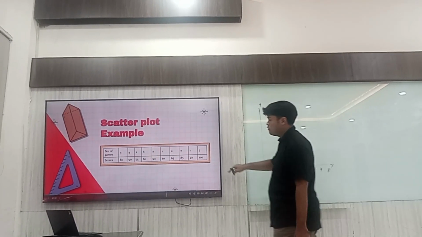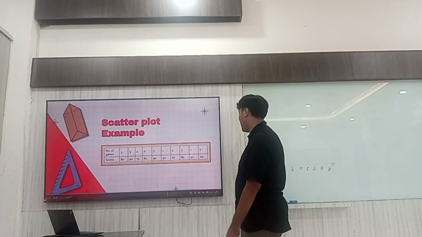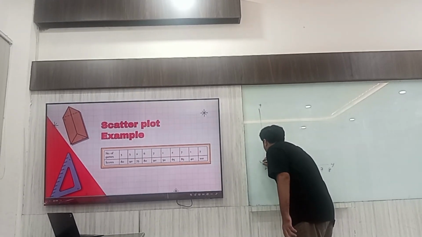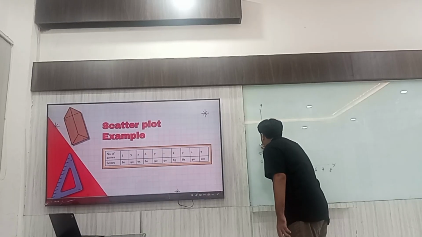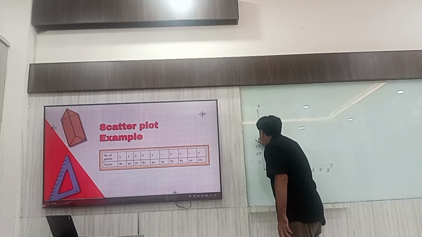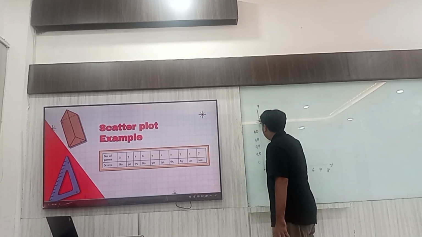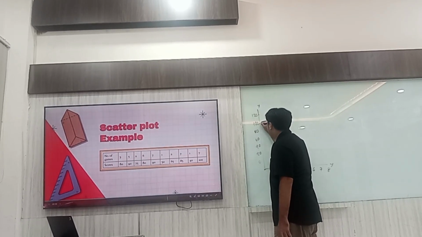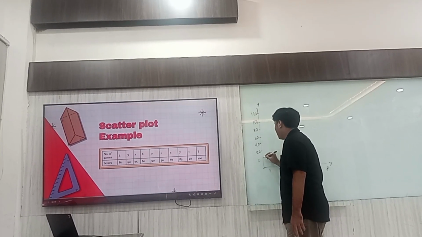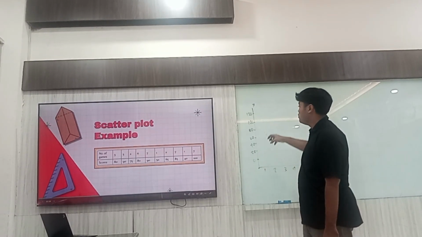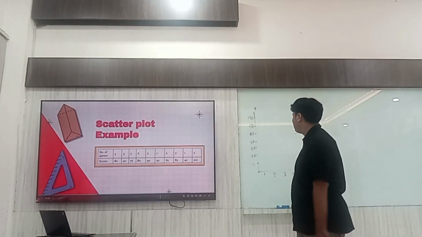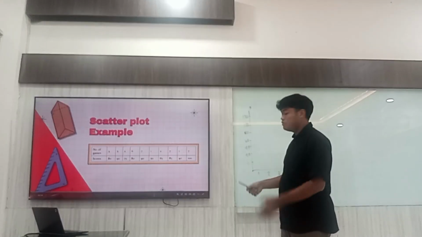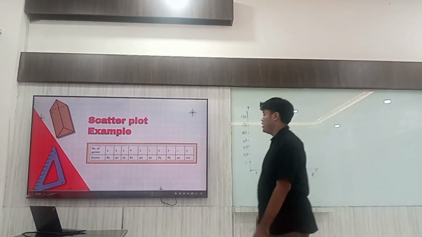From this we can write the scale. On the y-axis I write the gap, every value is 20.